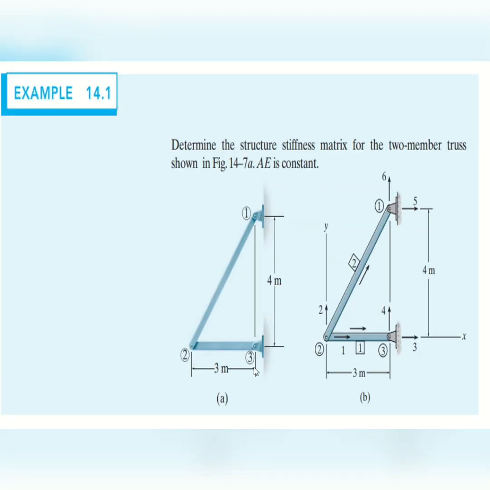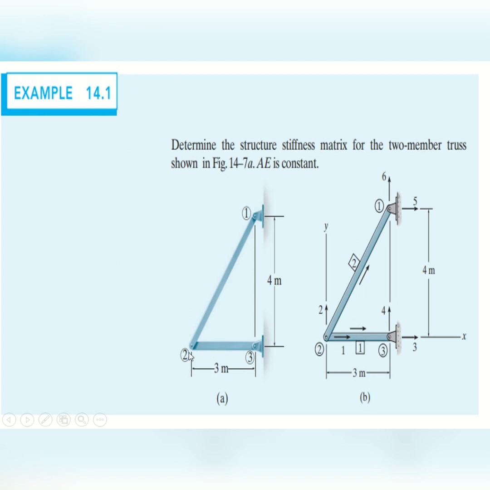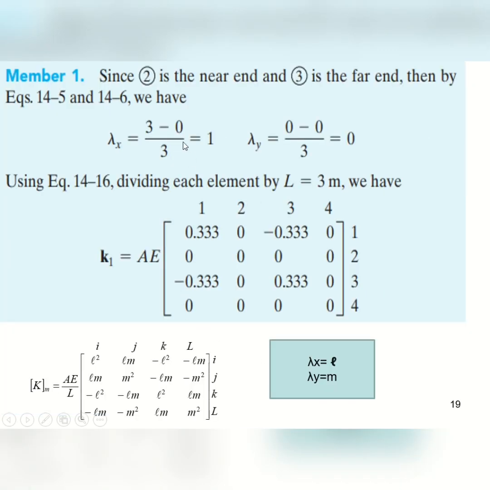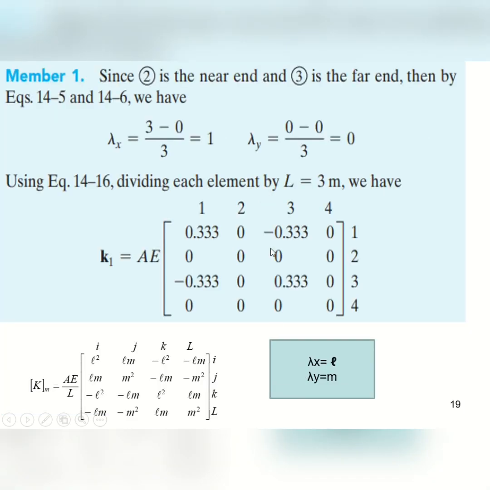For member 1, x2 is 3 and x1 is 0, so 3 minus 0. Member 1 is only horizontal, so there is no vertical component in member 1, so it is 0 over 3. And y2 minus y1 is 0 minus 0.